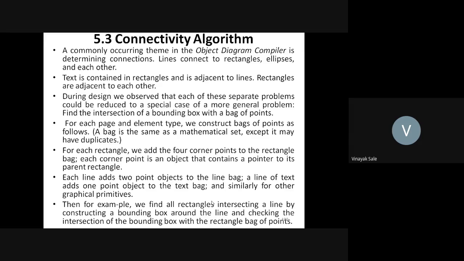A line of text adds one point object to the text bag, and similarly for other graphical primitives. For example, we find all rectangles intersecting a line by constructing a bounding box around the line and checking the intersection of the bounding box with the rectangle bag of points.